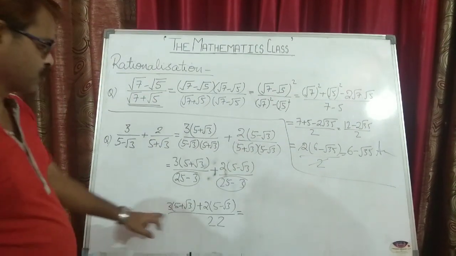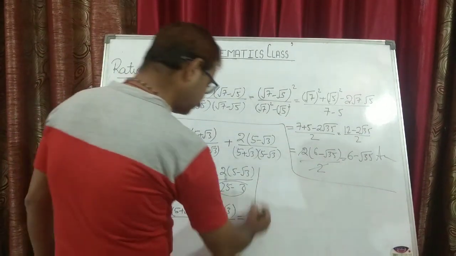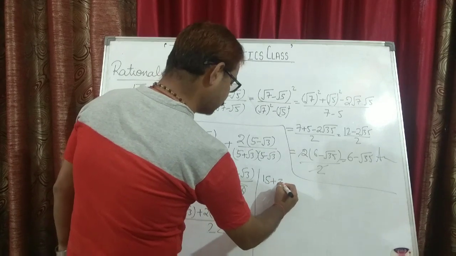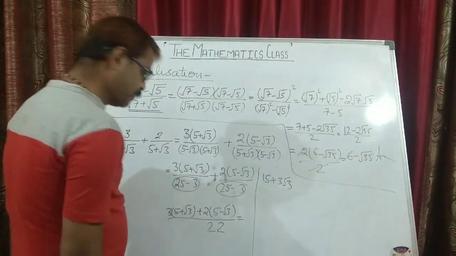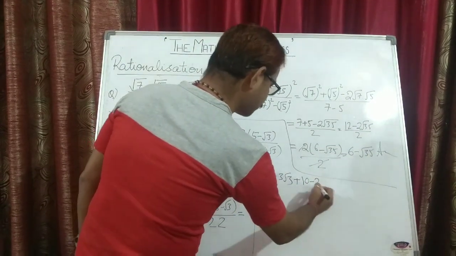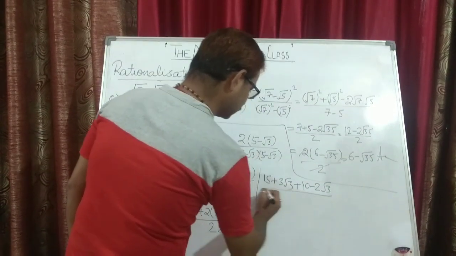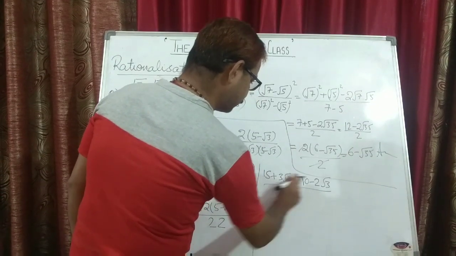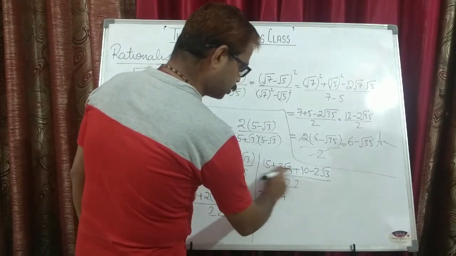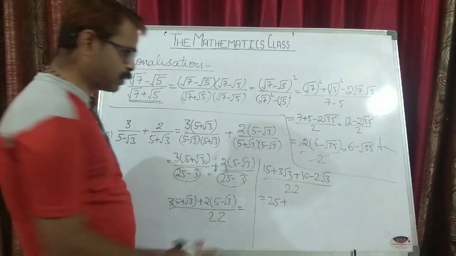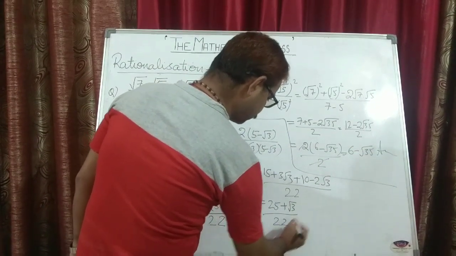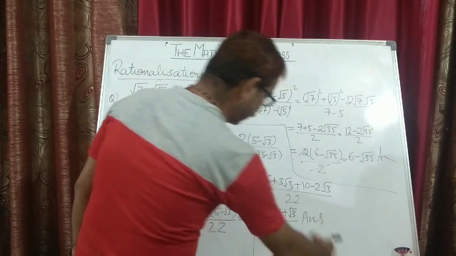That can be written as, you can open the bracket, 5 3s are 15 plus 3 root 3 plus 5 2s are 10 minus 2 root 3 upon 22. 15 and 10 is 25, plus 3 root 3 minus 2 root 3 will be 1 root 3, or simply root 3 upon 22, and that is the final value.